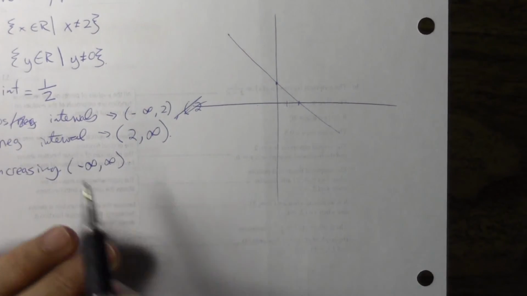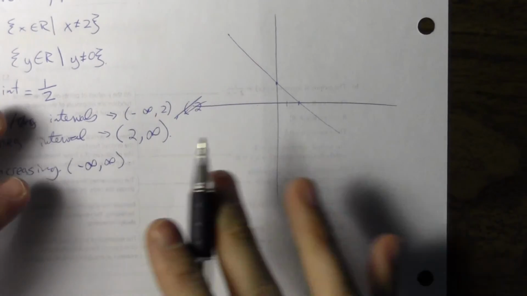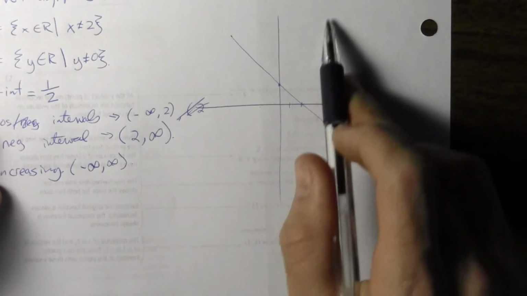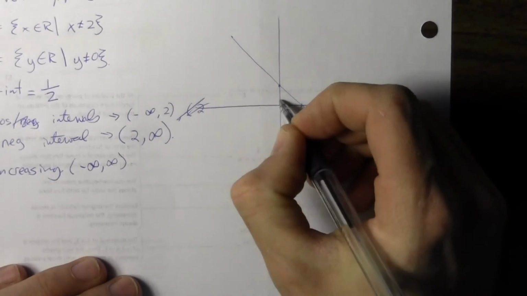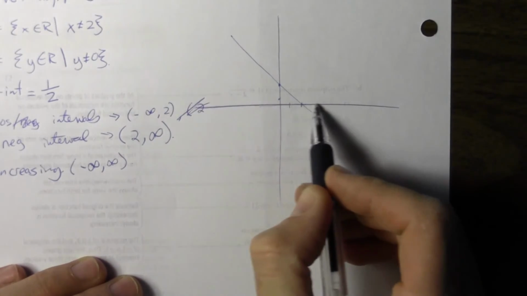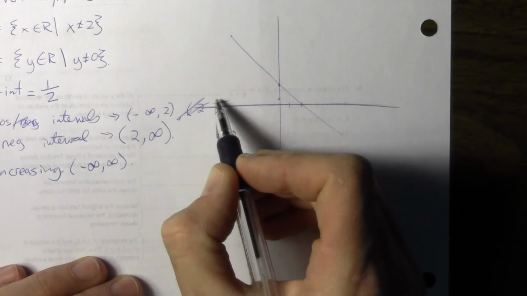This is the part where you guys want to pay attention, because this is kind of the difficult part. This is where we actually have to draw it. So my graph is always increasing. I know my y-intercept is here. I know I have a horizontal asymptote at y equals 0. So I'm increasing, I cannot touch it, so this is going to be going down.